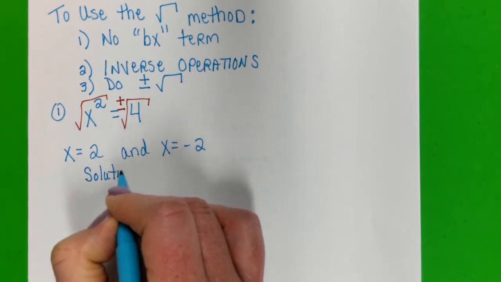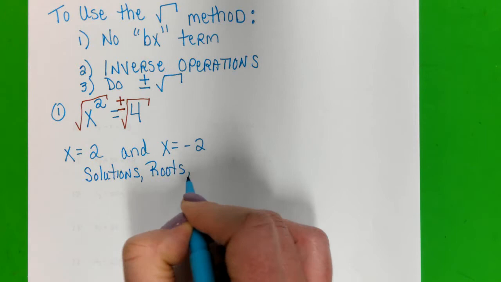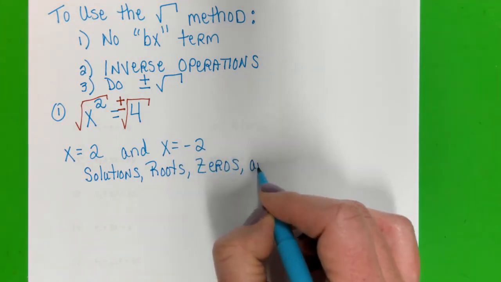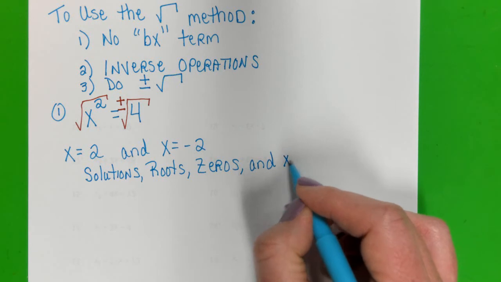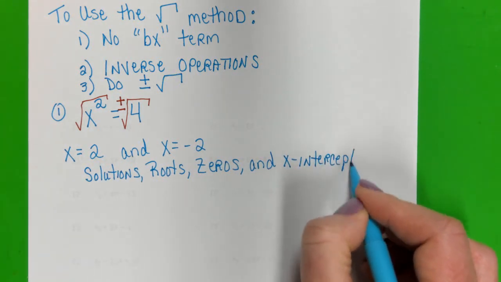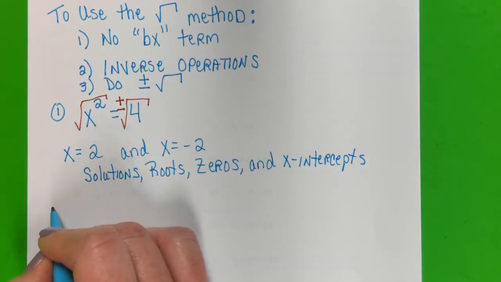And just remember that solutions, roots, zeros, and what all mean the same thing? What, Amelia? X-intercept, right? All 4 of these words are referring to the same thing. So our solutions for this one are 2 and negative 2.